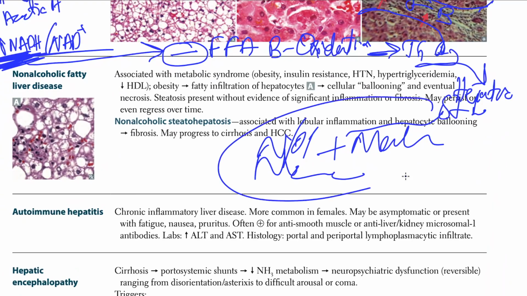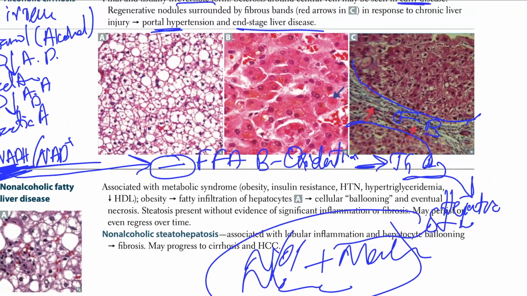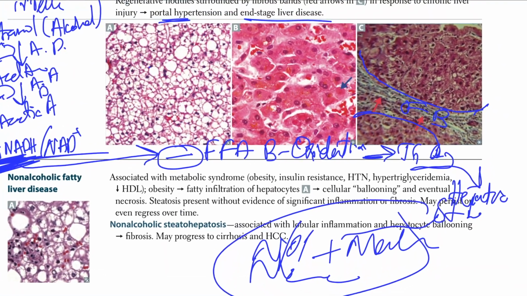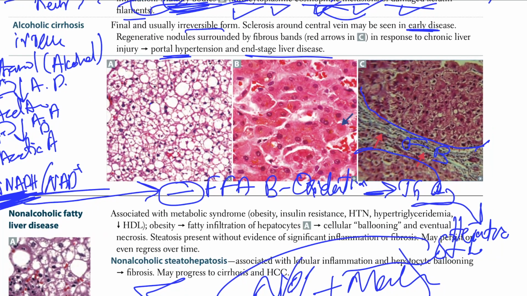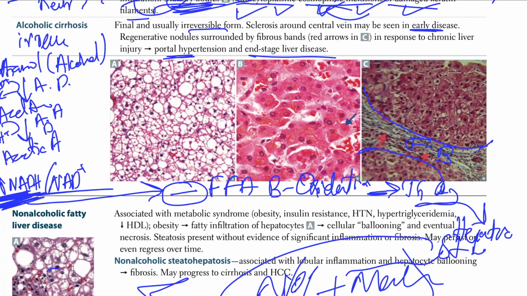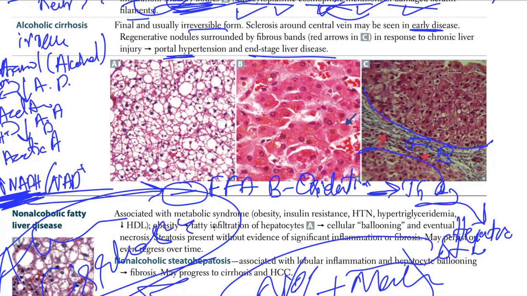If you have sustained all of this and you keep drinking, finally these necrotic hepatocytes and inflammation from the neutrophils are going to lead to alcoholic cirrhosis, which is now irreversible. Now the whole liver is dead and damaged.